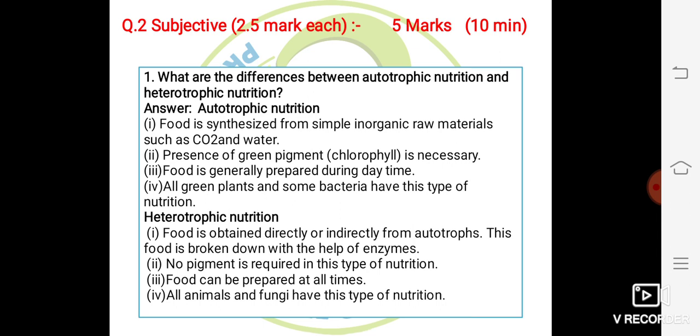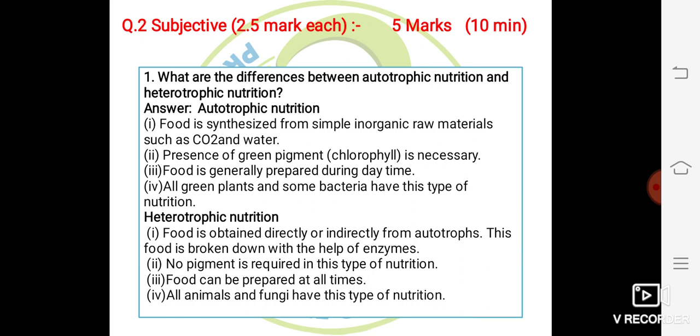Then we come to the subjective part, wherein we had to write answers for questions of 2.5 marks each. You had 10 minutes and you had to attempt 2 questions in that time. The first question was, write the difference between autotrophic nutrition and heterotrophic nutrition.